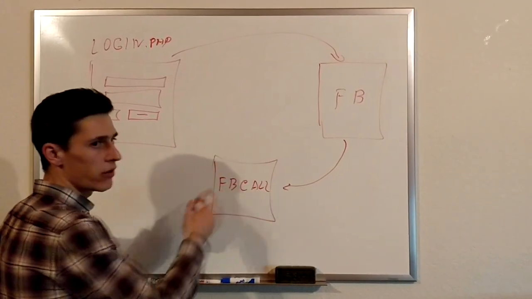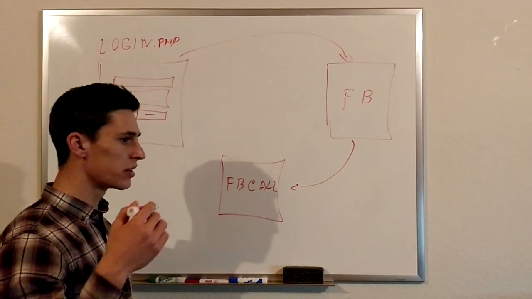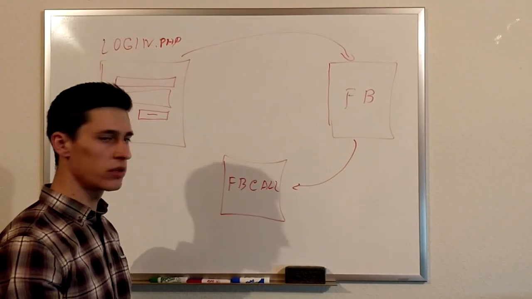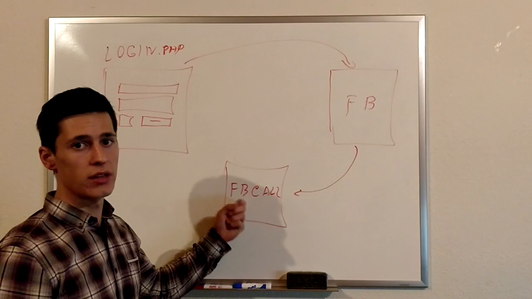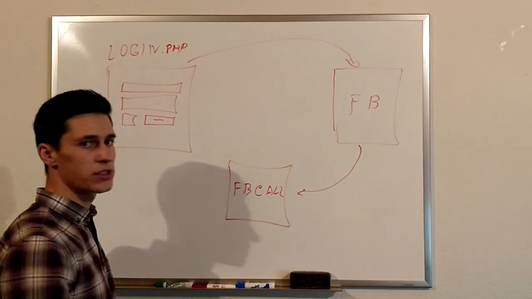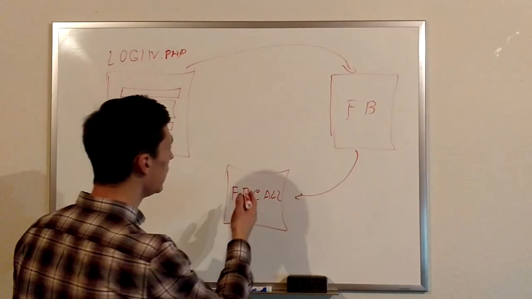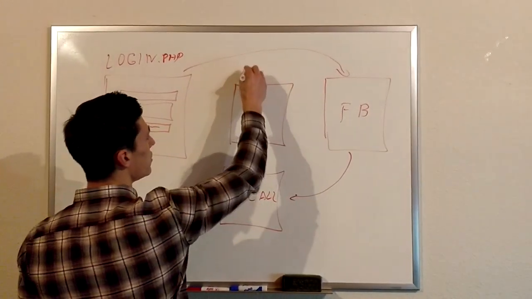Having all this data in this file, we can either insert it in the database, or we can create cookies, or we can start a new PHP session and assign all this data to that PHP session. And in this example, we will start a new PHP session, assign all this data to that session, and then after that we will redirect the user to index.php.